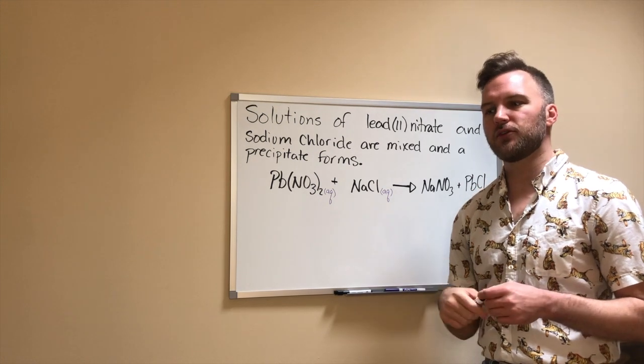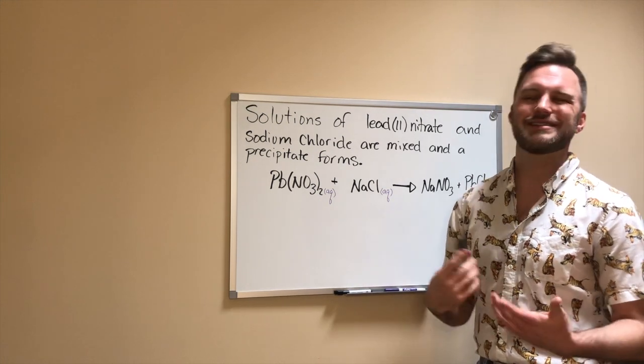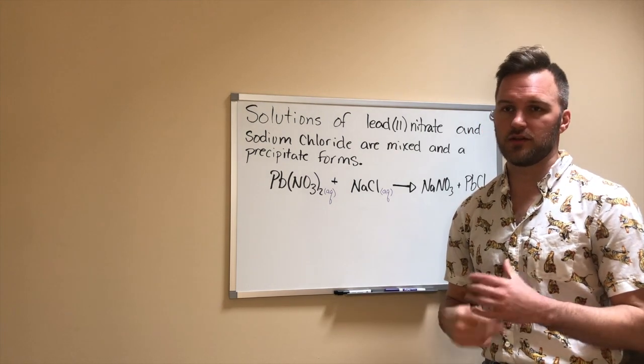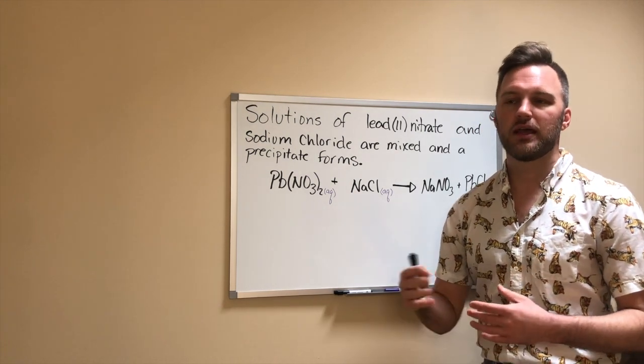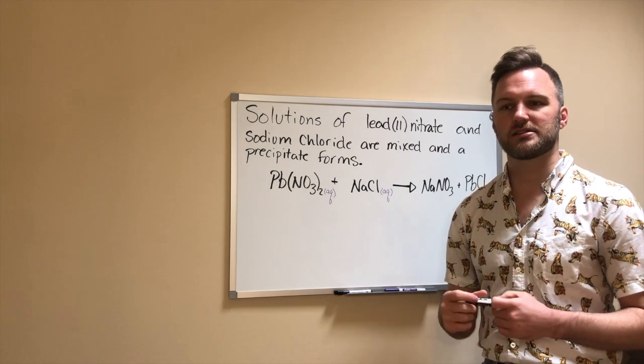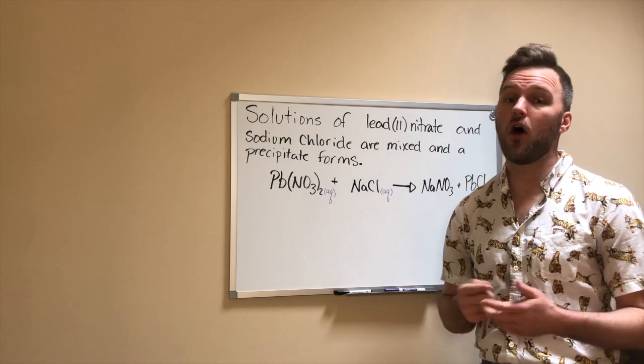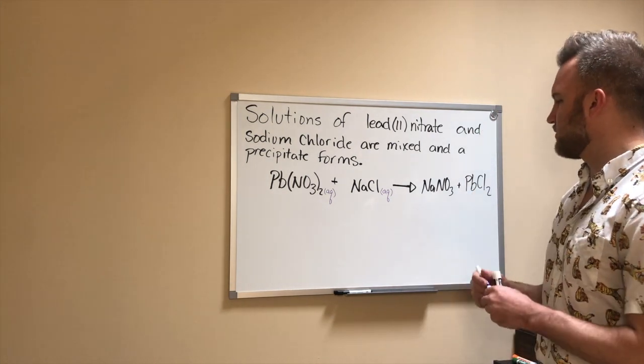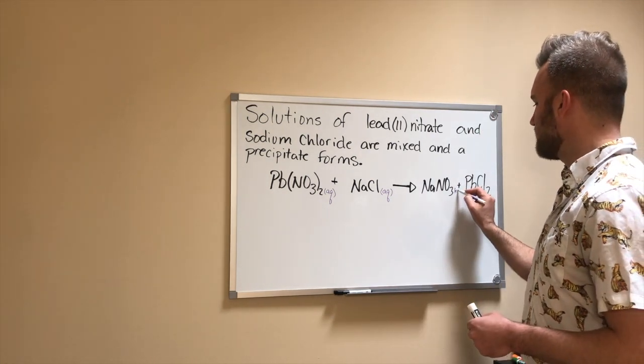The tricky bit for you is going to be to determine which one of these is the solid. You can look up solubility rules. If you simply Google it, there'll be a wealth of information for you. And a solubility table is fairly easy to decipher. One thing I know is that all nitrate containing compounds are always soluble. So I know that sodium nitrate will be aqueous. It will remain in solution.